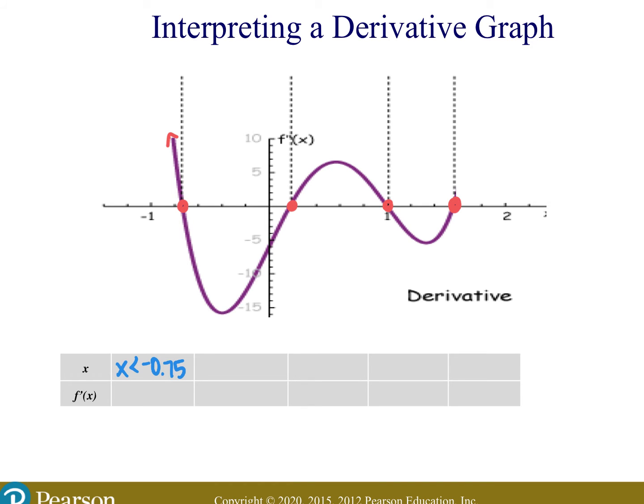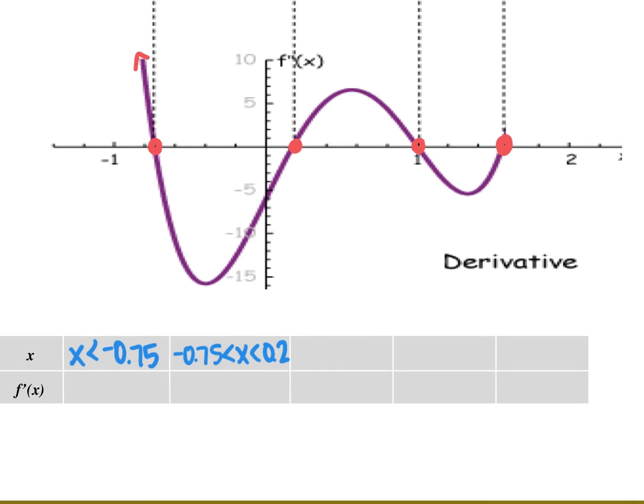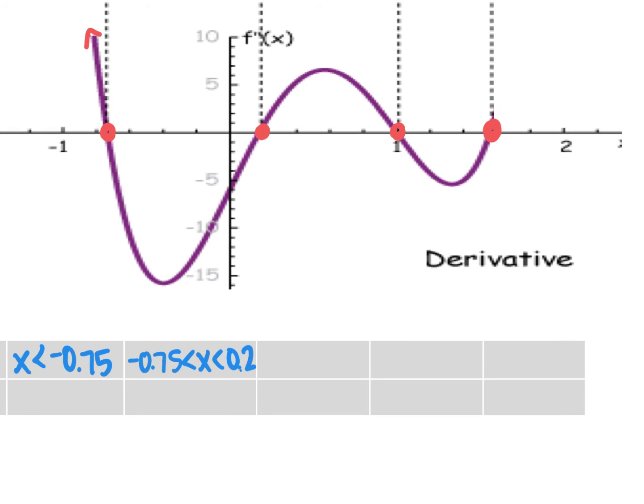And then it was negative 0.75 to 0.2. And then it was 0.2 to 1. And then it was 1 to 1.6. And then it stopped.